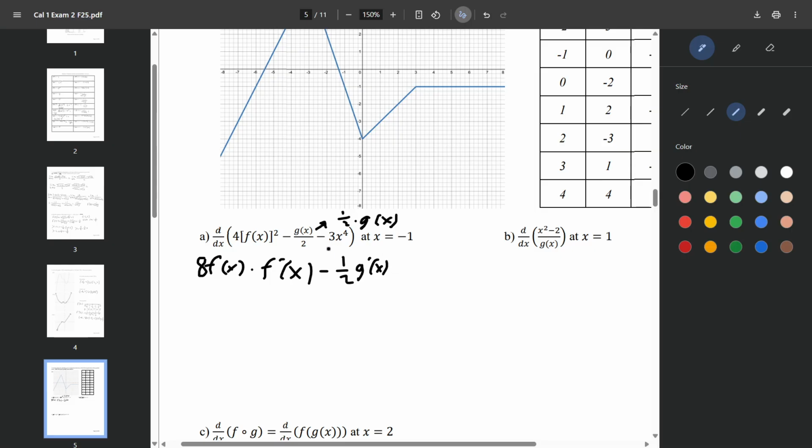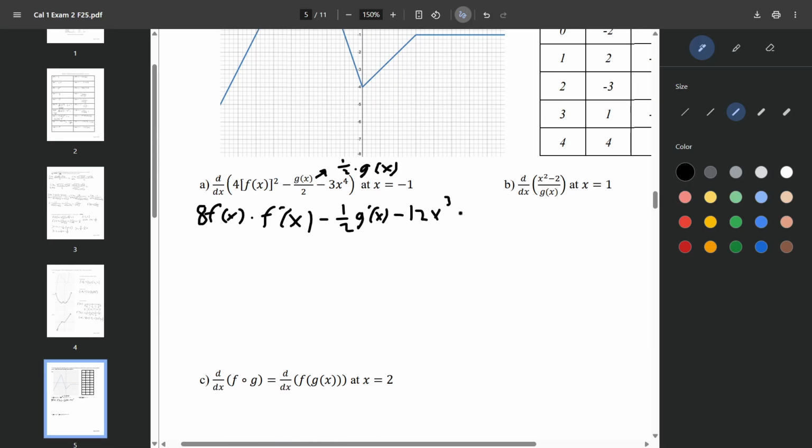And finally, 3x to the power of 4 is 12x to the power of 3, because we bring down the power and subtract the new power by 1. And so now we have our equation.